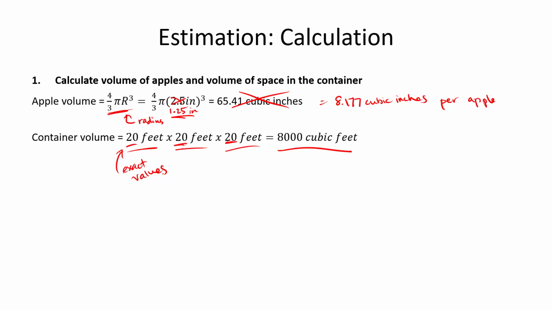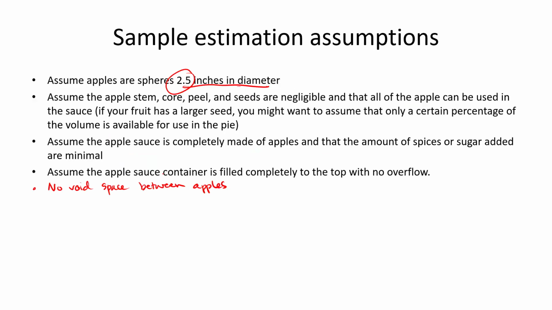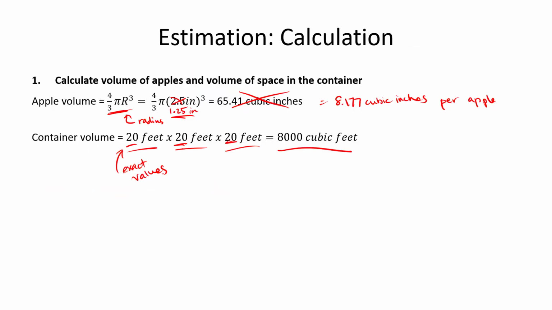So I would not count that toward the significant figure calculation because there's no error in that 20 feet. We know that our container is exactly 20 feet, but the 2.5-inch diameter for our apple does contain some error because that's just a rough estimate. So that's why we round to two significant digits here.